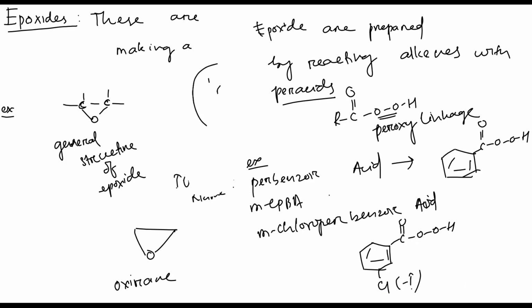Okay, let me clear the canvas. Let us consider a reaction of an alkene with this perbenzoic acid, Ar C double bond O OH. This oxygen of the peracid is an electrophilic oxygen.